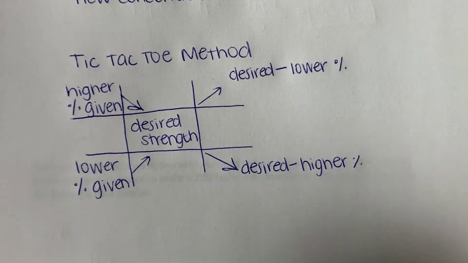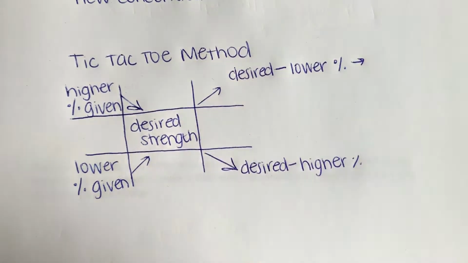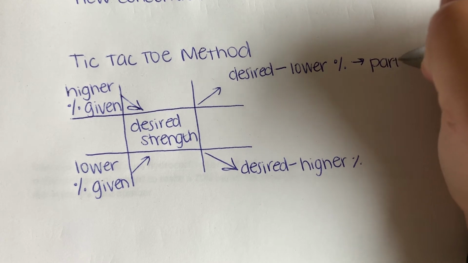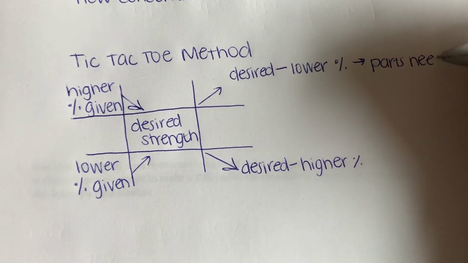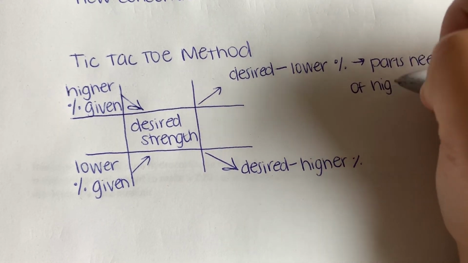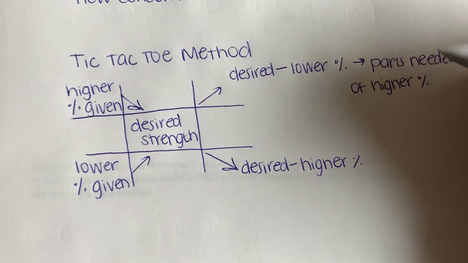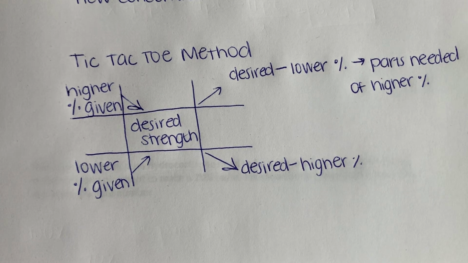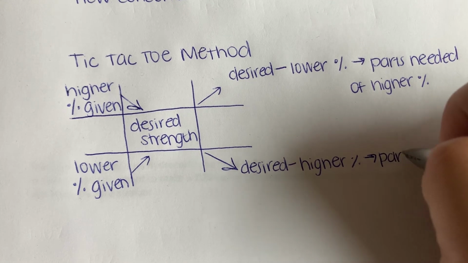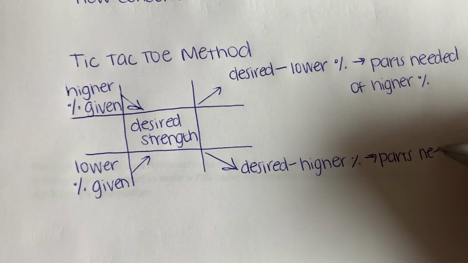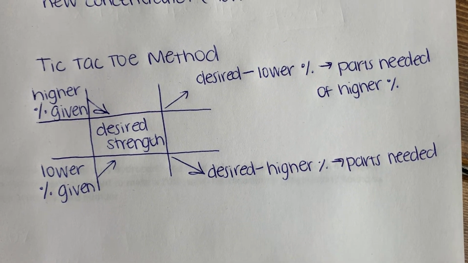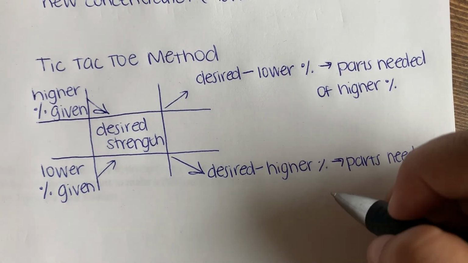So then this number actually becomes the parts needed of the higher percent stock solution. And this one becomes the parts needed of the lower percent.